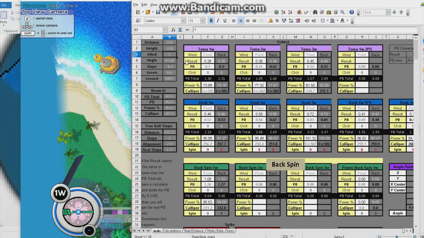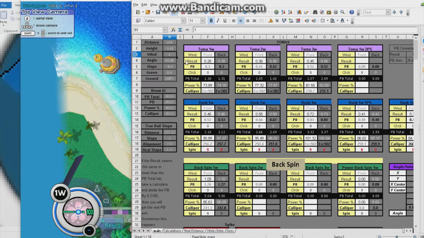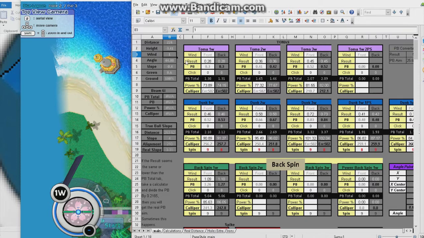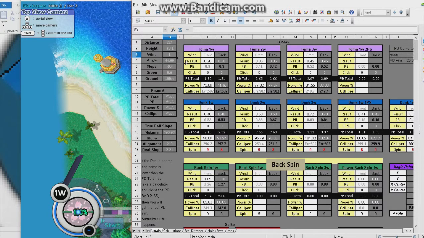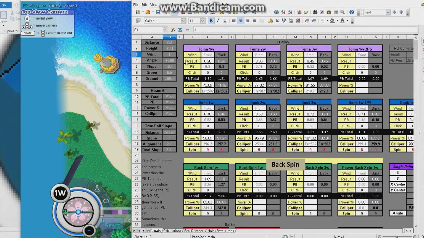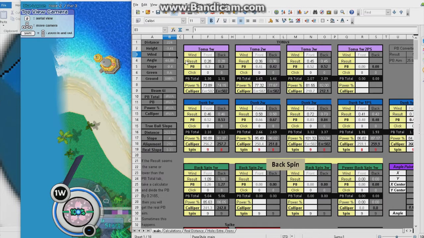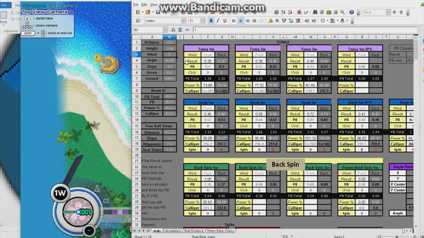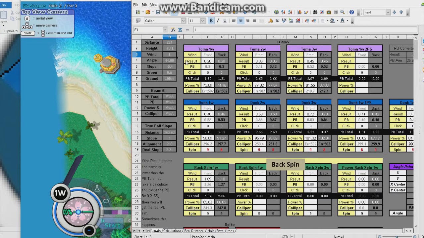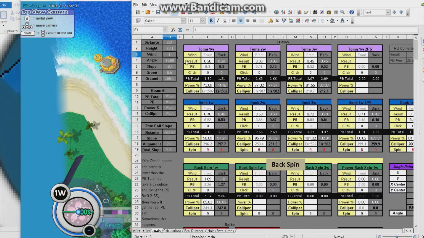A little bit more with backspin and even more so with dunk. I'd say maybe even backspin and dunk are about the same, but I like to go with backspin on the safer route, because just writing in distance elevation I might be off. Backspin for me is the safer route, and then tomahawk is the safest route because it is not affected by wind that much.